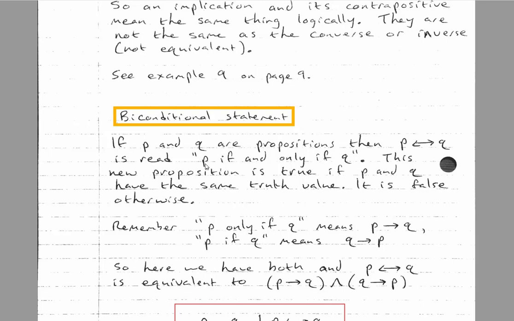And you read it P if and only if Q. And this new proposition is true when P and Q have the same truth value, and it's false otherwise. So if P and Q are both true or both false, then the biconditional is true. But if one is true and one is false, then it's false.